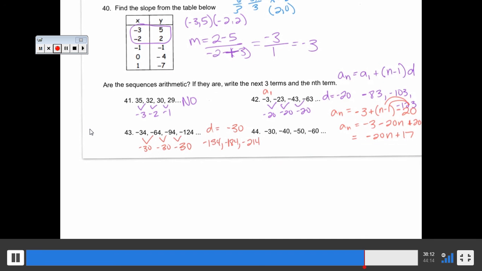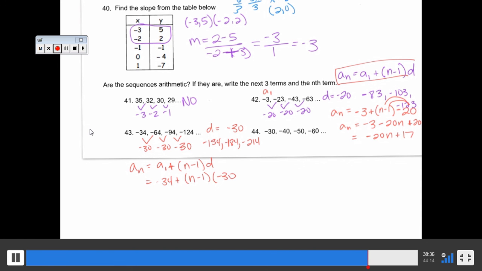Now we use our same formula up here. So it is a sub n equals a sub 1, that's just the first term, plus parentheses n minus 1 times that common difference. So our a sub 1 is negative 34 in this case, plus n minus 1 times our common difference, which is 30.